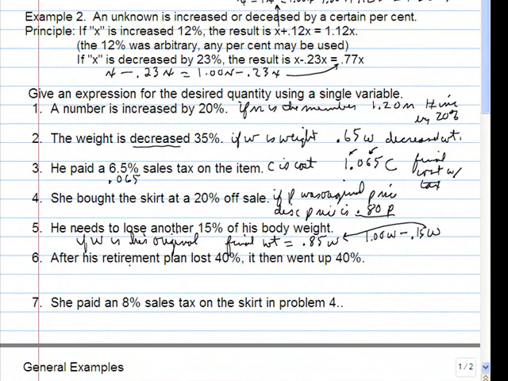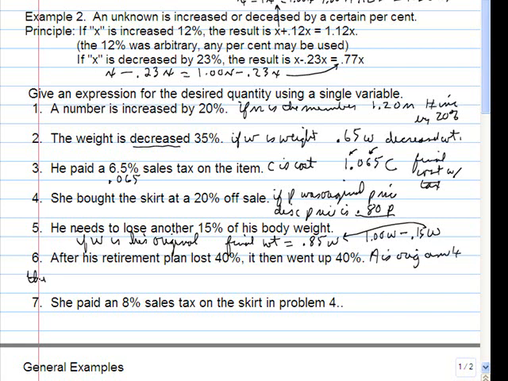Now here's an interesting one. Pay close attention to this one. It says after his retirement plan lost 40%, it then went up 40%. So let's say A is the original amount.